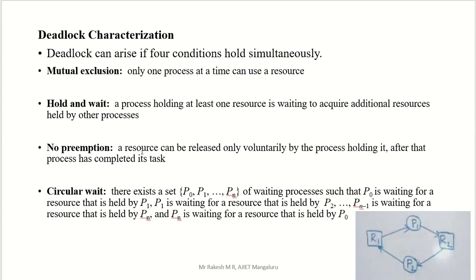While considering this example, P1's resource can be released only voluntarily by the process holding it. That means if P1 is using a particular resource, that resource is used completely by P1. Once P1's execution is completely over, only then will P1 release that resource. After that, that resource is used by another one.